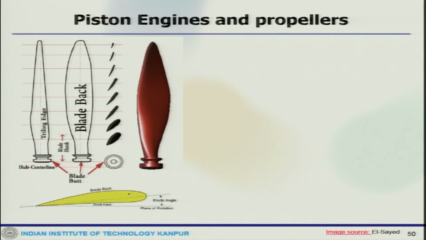Now, if we go to the classification, we can see the sources of power for this propeller. One is the piston engine.